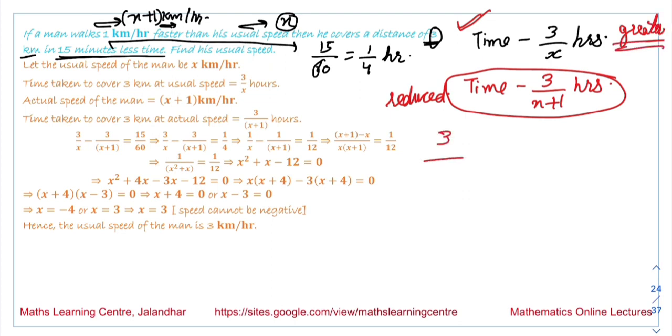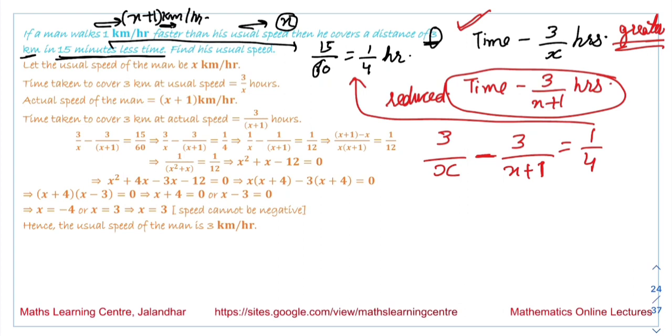So we get 3 over x minus 3 over x plus 1. We are saying the difference between these two times is equal to 1 by 4 hour. 3 we have taken common and we are left with (x plus 1 minus x) over x into (x plus 1) is equal to 1 by 4.